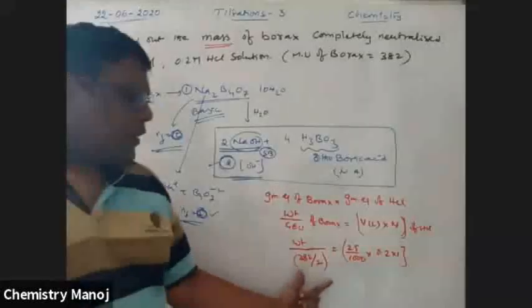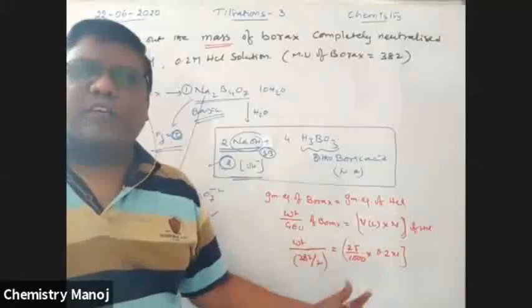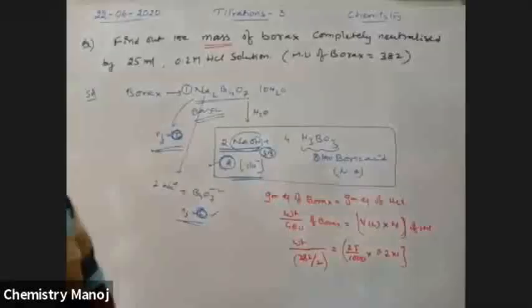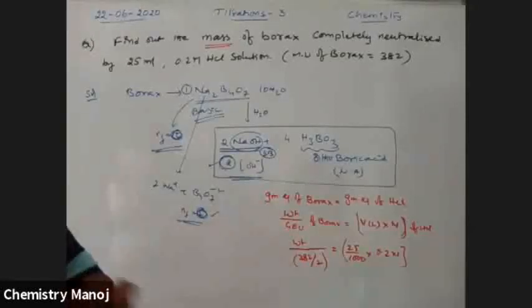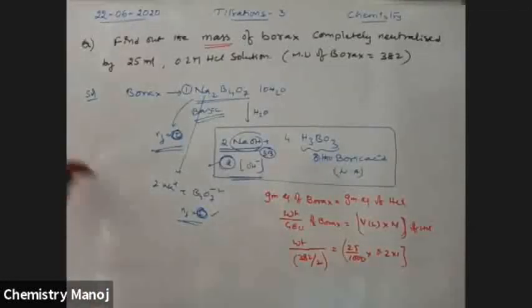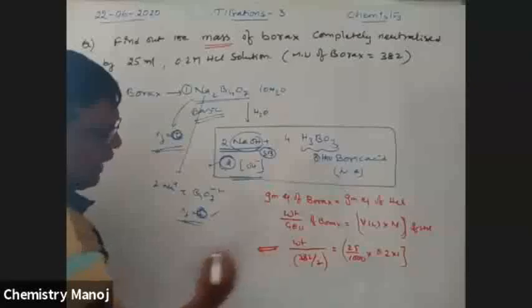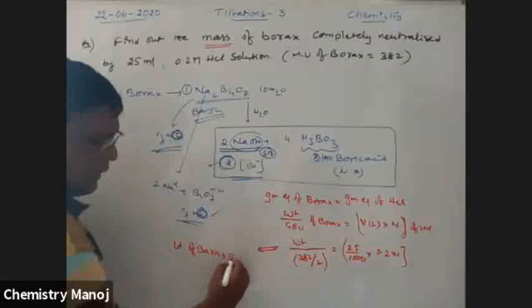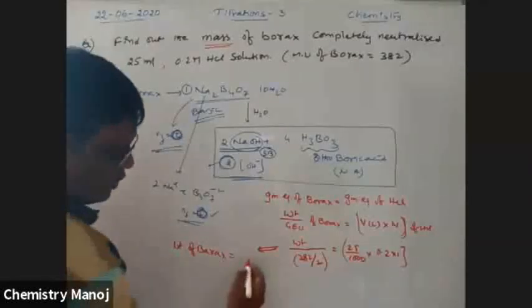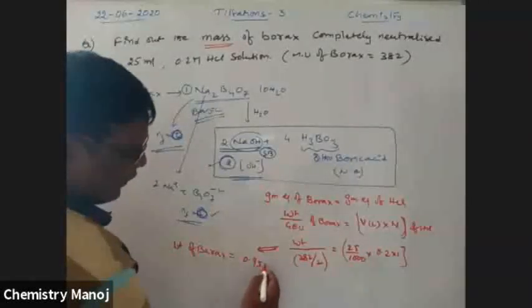So this is the borax part, and this is the HCl part. These two are equal because exact neutralization takes place. Whenever a chemical reaction goes to completion, the gram equivalents of the first are equal to the gram equivalents of the second. By using that, we calculate the weight of borax. After the net calculation, it equals 0.955 grams.